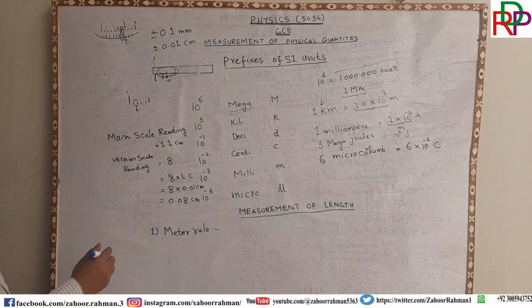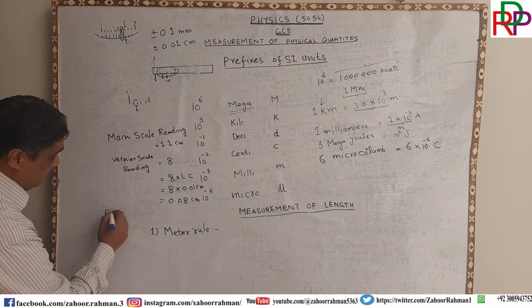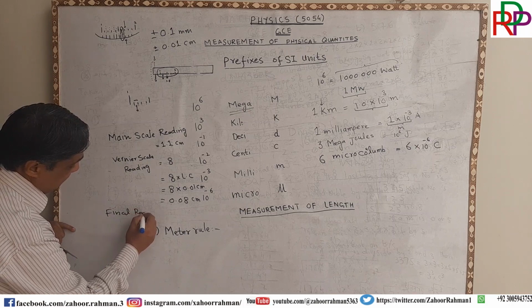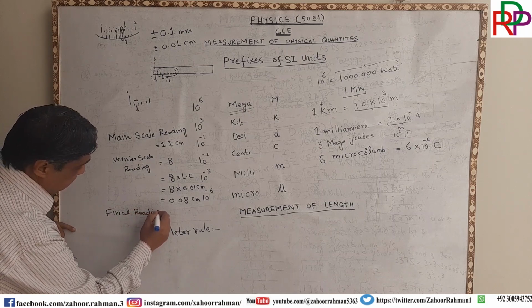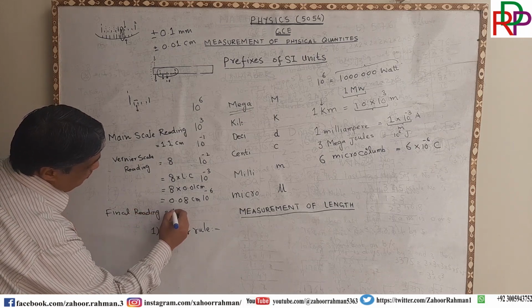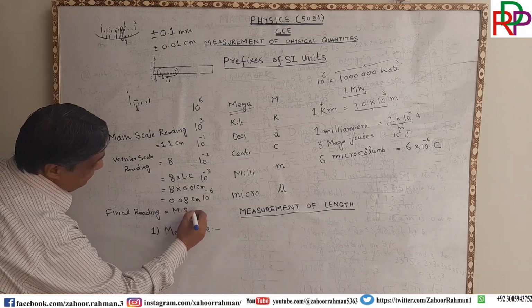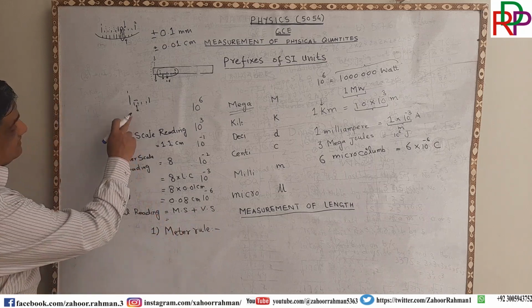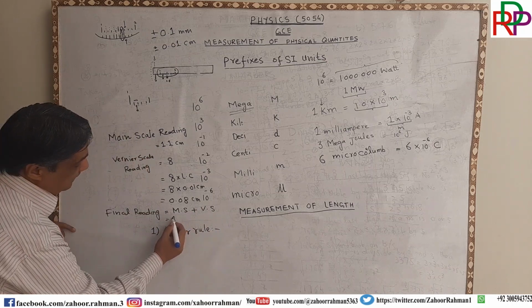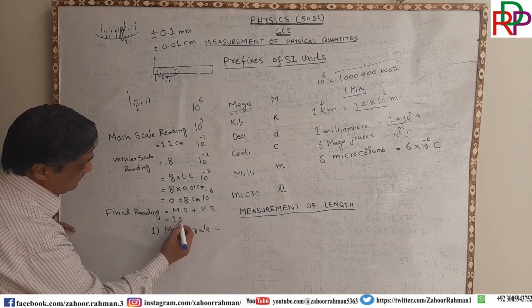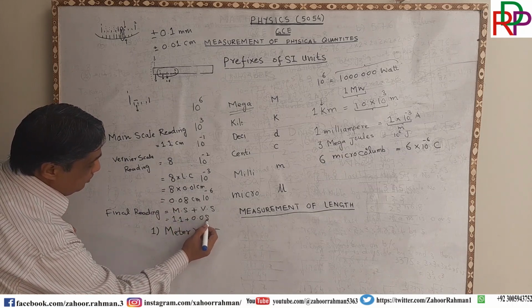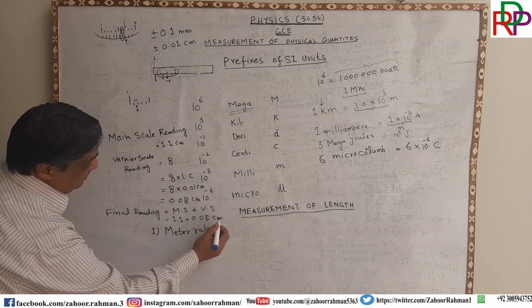Now, ladies and gentlemen, the final reading is equal to main scale reading plus vernier scale reading. Main scale reading was 1.1 plus vernier scale reading is 0.08 centimeter.